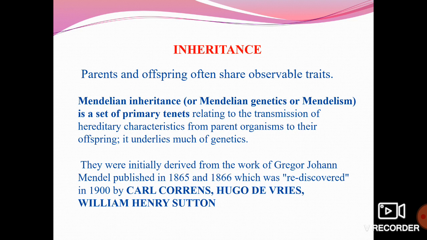However, before going into details about the Mendelian laws, we need to refresh some of our ideas, and we need to look into some of the terminologies that we are going to use while we discuss genetics, and specifically Mendel's laws. One such terminology is inheritance. The very word inheritance is something which is transmitted, derived, or which we receive from our ancestors.